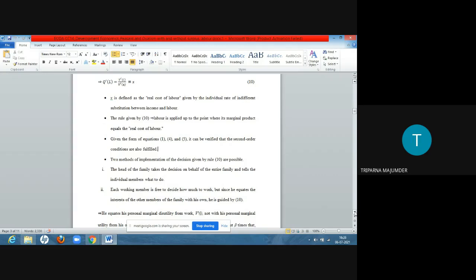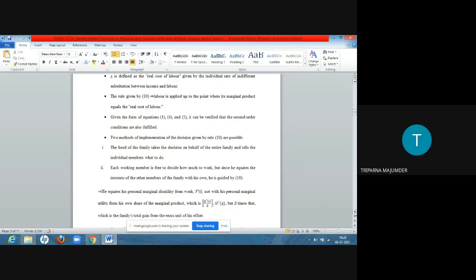That is, tells the working members how much to work, and distributes the total output equally among all members. Number 2 is, each working member is free to decide how much to work, but since he equates the interest of the other family members with his own, he is guided by equation 10.